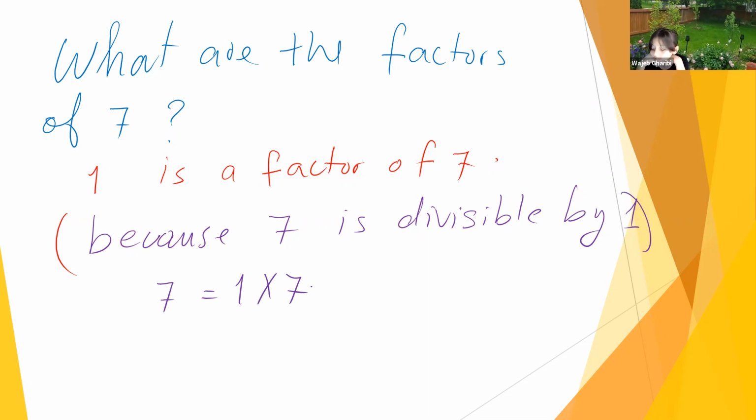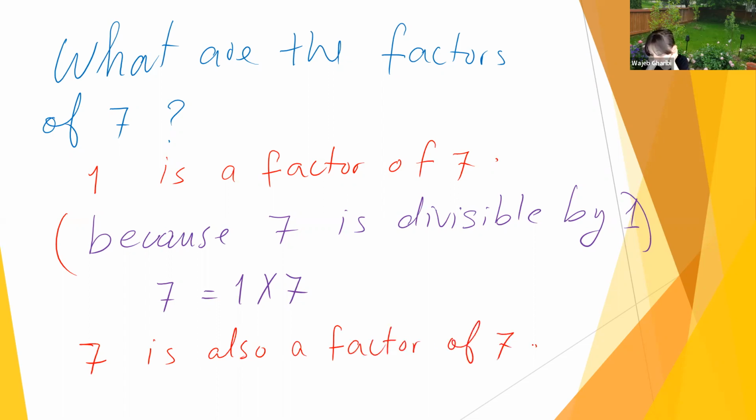And 2, is it also a factor of 7? It's not a factor of 7 because 7 is not divisible by 2. But 7 is also a factor of 7.